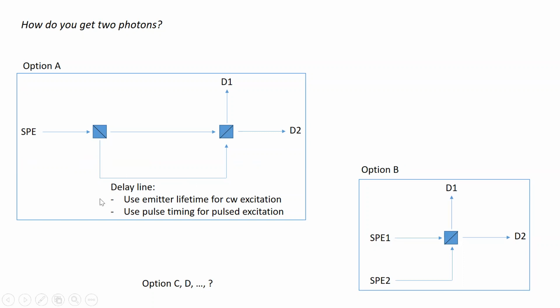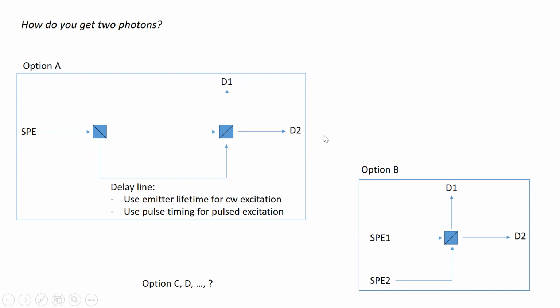And if you're using pulses, then you can take the pulse repetition period and convert it to a length. Yes, not the pulse duration, but the repetition. What happens here is you have consecutive photons that coalesce, or meet at the beam splitter.